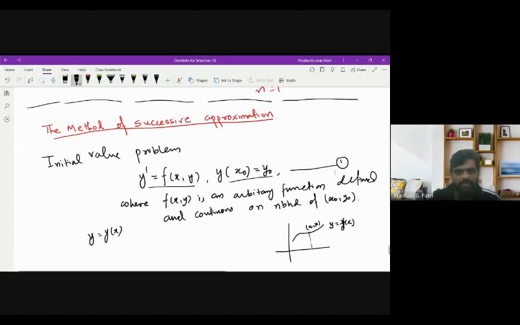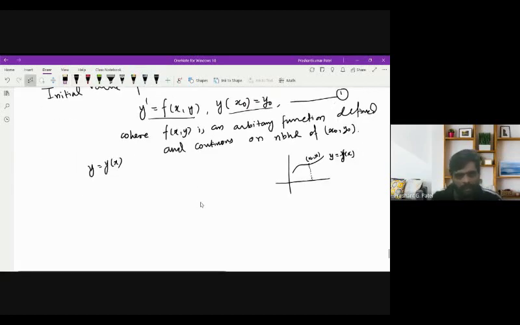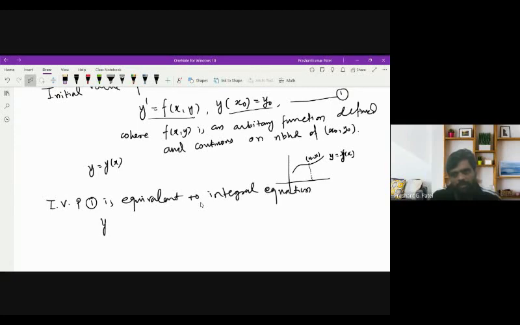That is, initial value problem 1 is equivalent to the integral equation y of x is equal to y0 plus the integral from x0 to x of f of t, y of t dt.